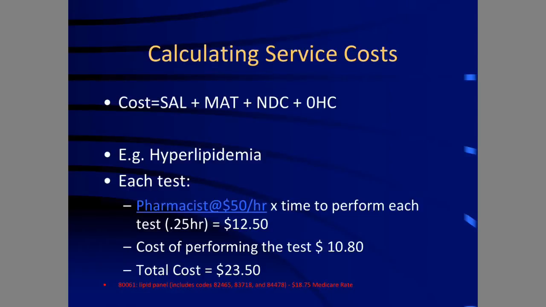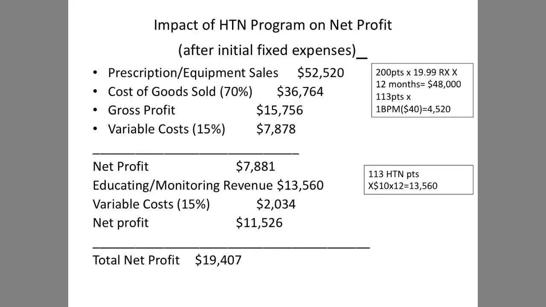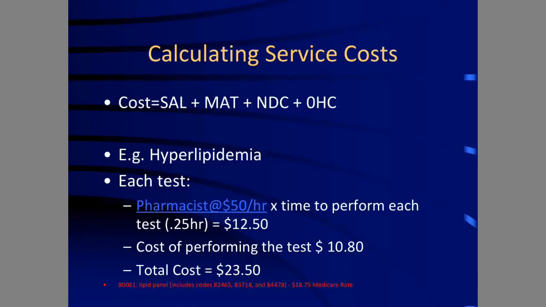So my total cost to deliver this service, even if I don't factor in indirect costs, just doing simple math, would be around $23.50. Now, if the average reimbursement for billing Medicare for a hyperlipidemia test is like $18.75, then if you take a look, I actually lose money on this. Well, how might I be able to change how I do this?